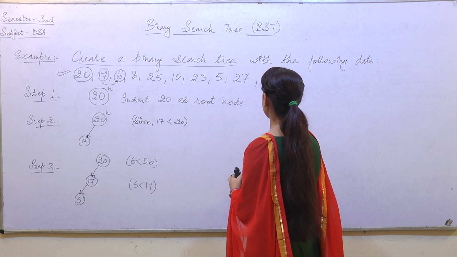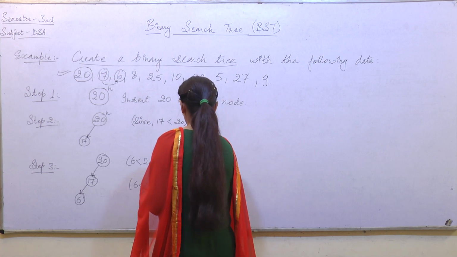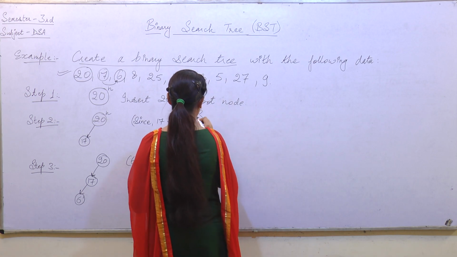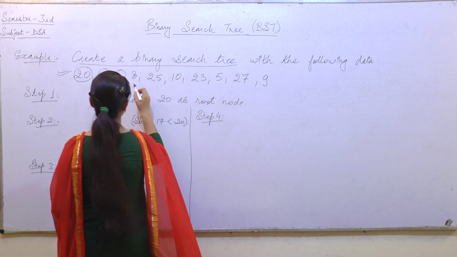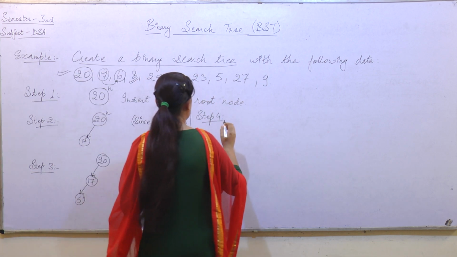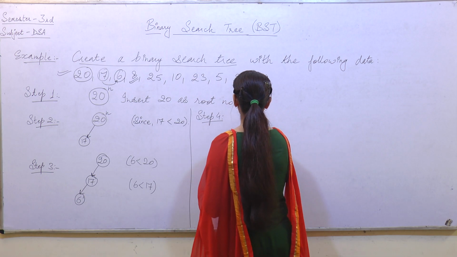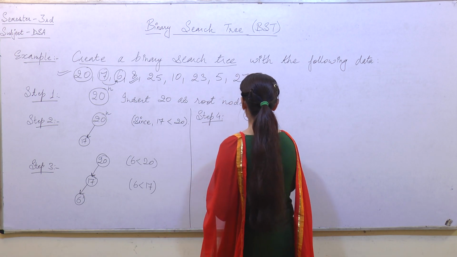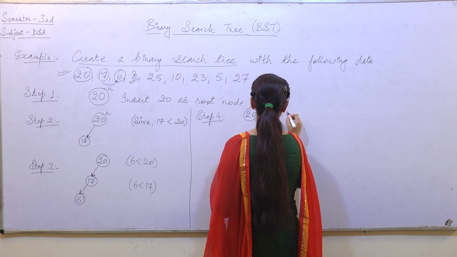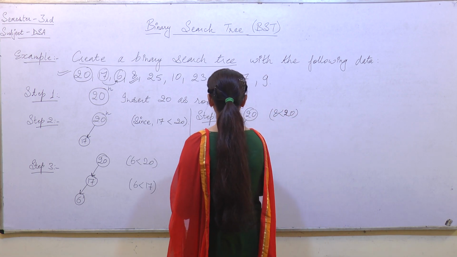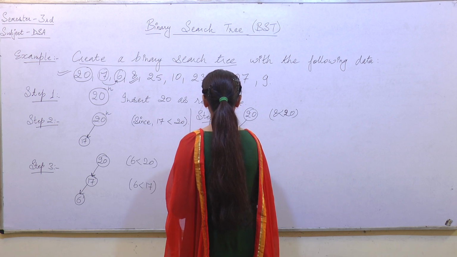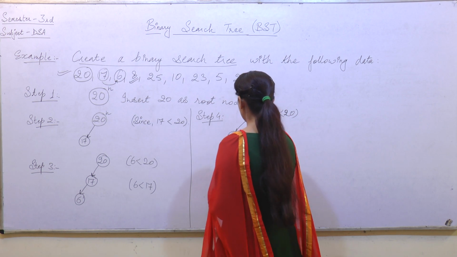Similarly, in the next step, now we will insert 8. We will again compare 8 with 20. Since 8 is less than 20, we will move towards the left side of root node n.